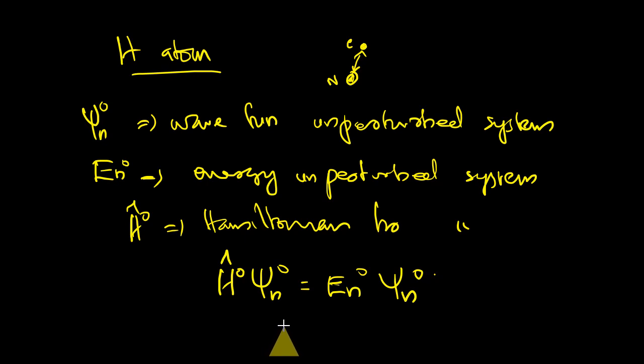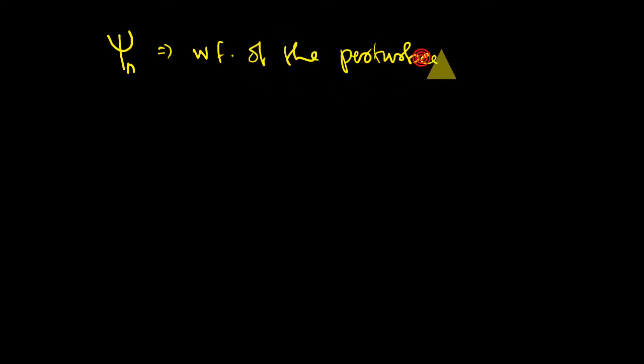And now we are considering a perturbed system, and in that case we consider the wave function as mere psi n. So psi n is the wave function of the perturbed system. You can see that there is no superscript 0.